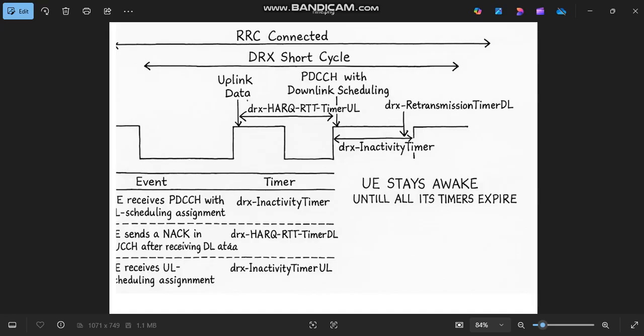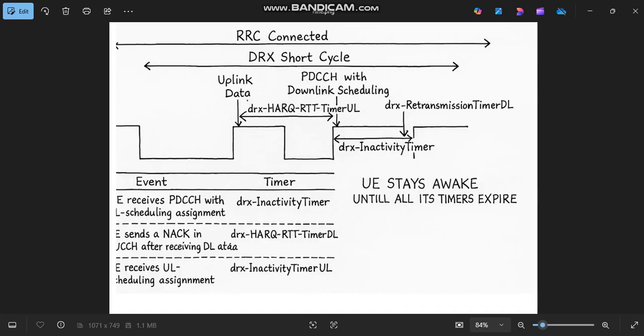all these processes I have explained earlier, they will happen parallelly. The same things I have explained here, but how it happens parallelly, that is what I'm explaining here. So RRC connected state. Assuming that this is a DRX short cycle, we'll get an uplink data.